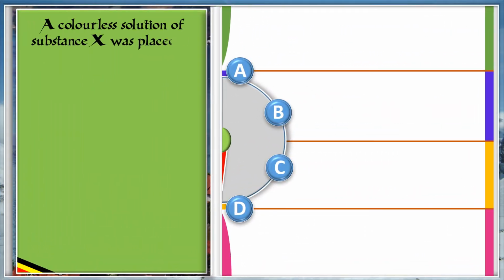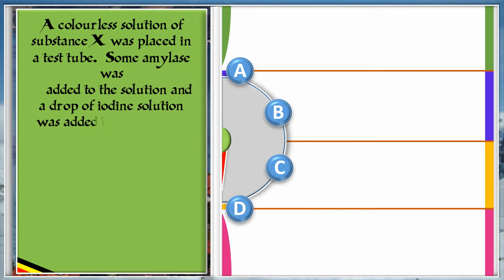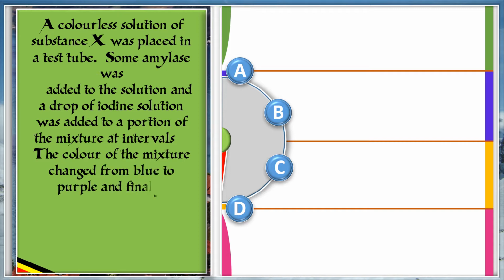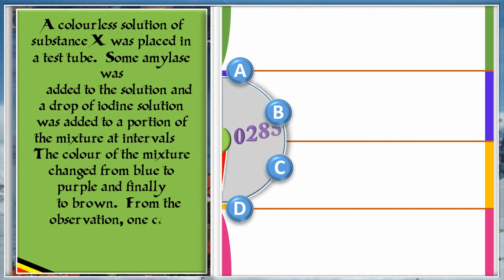A colorless solution of substance X was placed in a test tube. Some amylase was added to the solution, and a drop of iodine solution was added to a portion of the mixture at intervals. The color of the mixture changed from blue to purple, and finally brown.